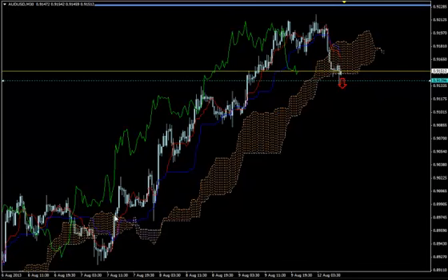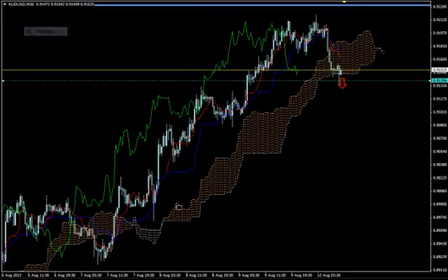If we had entered long here on a bullish Kumo breakout on this time frame, let me insert a shape to show you how the entry and exit, how the take profit target with the Kumo breakout happens. If we had entered long here on M30, we should have exited now with the bearish Kumo breakout on the same time frame.